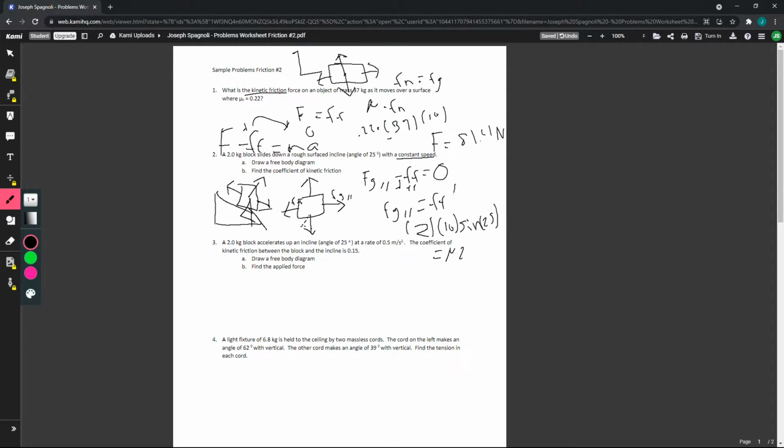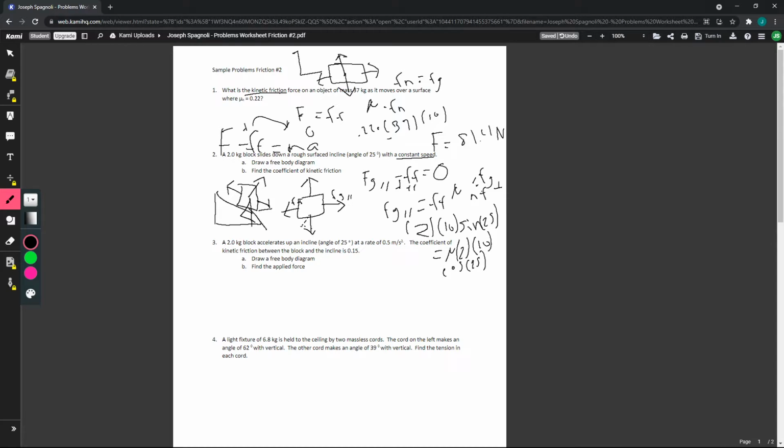As we know, force of friction is mu times normal force. We're going to ignore how I wrote that. Sorry. But we know that normal force, because it's on an incline, is equal to force of gravity perpendicular. And the formula for force of gravity perpendicular is mg cosine of theta, which is 25.